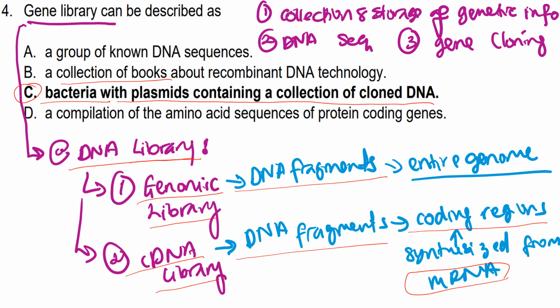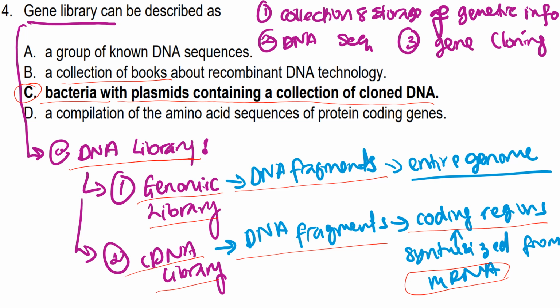For eukaryotic cells, after transcription, the mRNA will undergo RNA processing to produce mature mRNA. So this mature mRNA will contain only coding regions, that's why the mRNA is used as the template to synthesize cDNA. So cDNA library will only contain DNA fragments that contain only the coding regions.